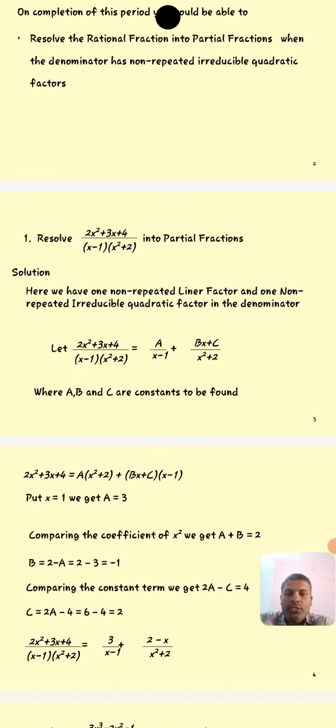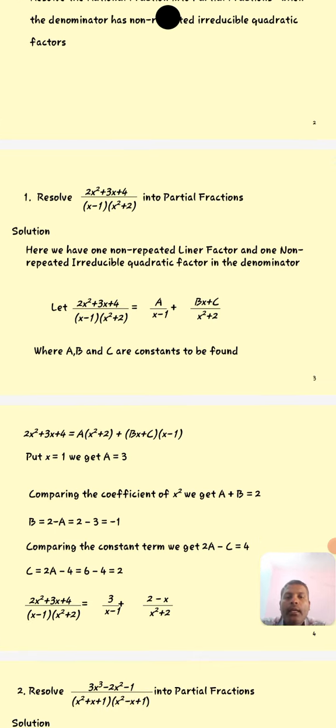For an irreducible quadratic factor, the partial fraction format is different: after A, we go to the constant B and write bx plus c. So we write bx plus c divided by x square plus 2.